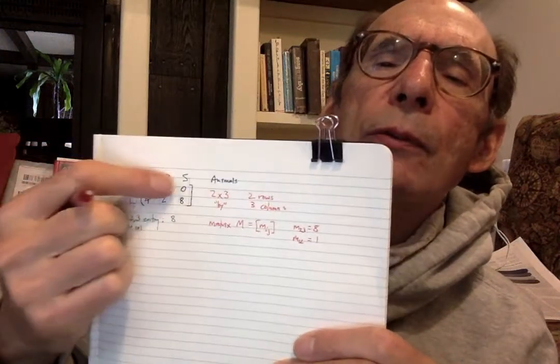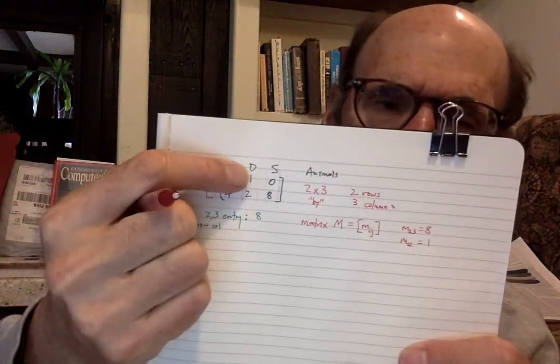And so in this case, we're saying that m23 is 8, and I'll do one more just for fun. m12 is 1. So m12 is first row, second column. There we go. So now we've got this data about this relationship encoded in a matrix.